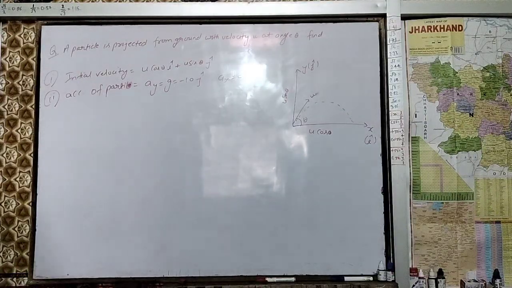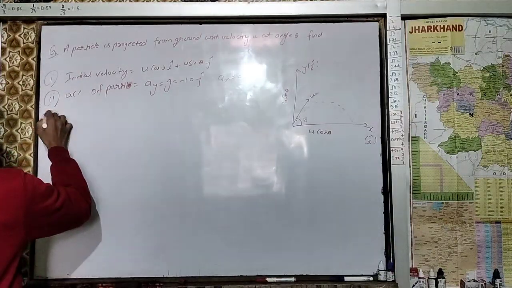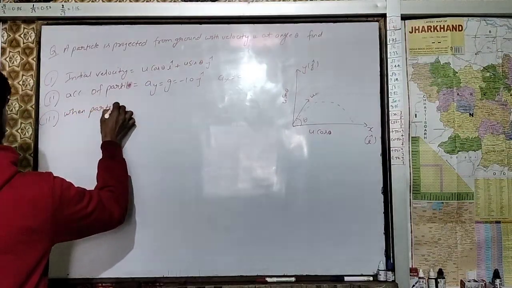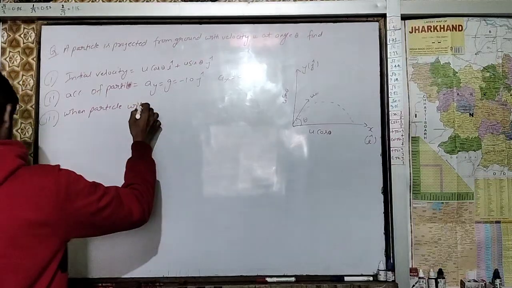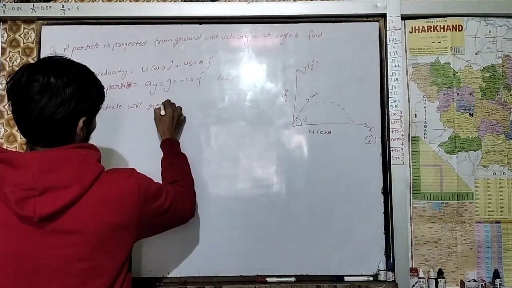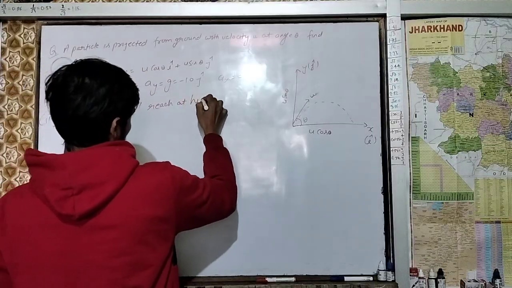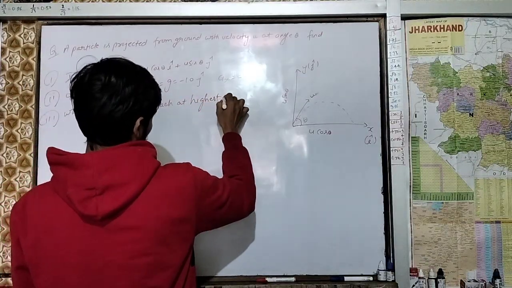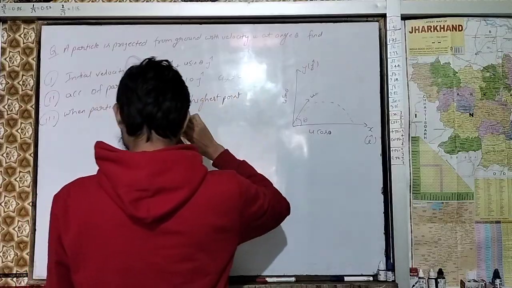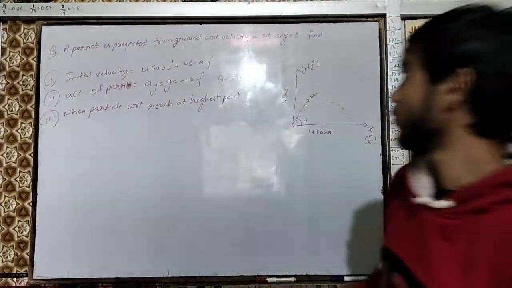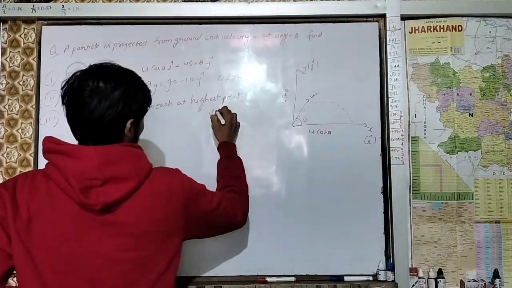Now next, when will the particle reach the highest point? At the highest point, v will be 0.